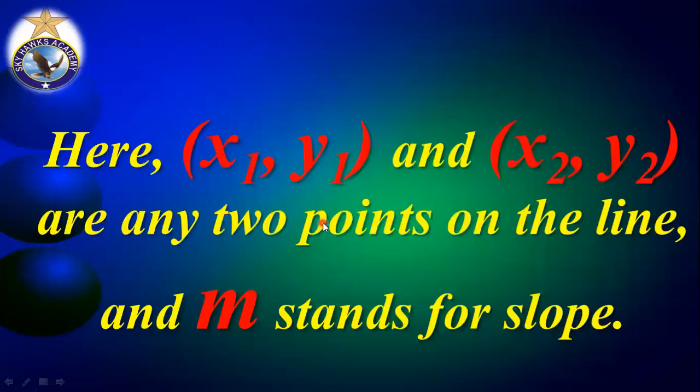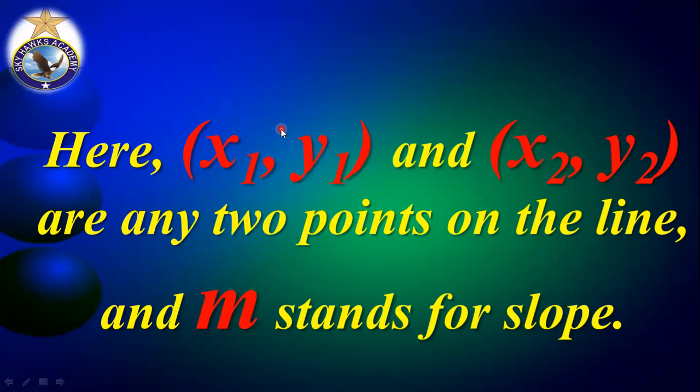Now let's see the simple example. Here x1 y1 and x2 y2 are any 2 points on the line, and m stands for the slope. To get the slope, we must have 2 points, because when the line is passing through 2 points, we can judge its position, its inclination, whether it is going upward or downward.